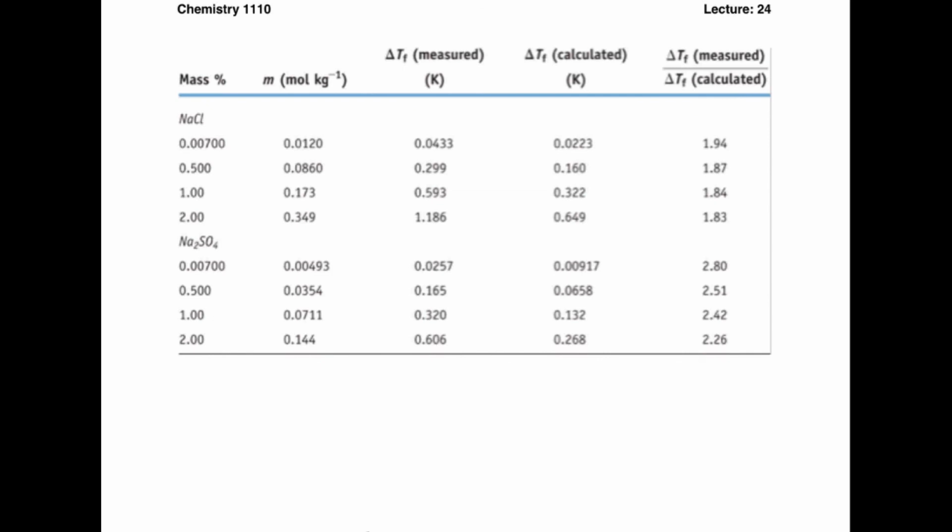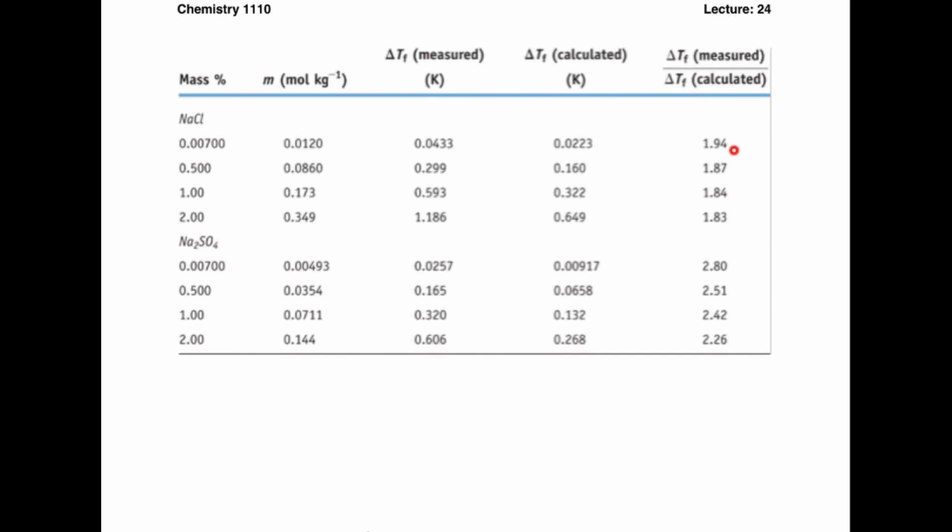And if they do, then that means that there isn't exactly twice as many particles in that system as we would have thought. There are approximately twice as many particles, but some of those ions throughout the solution are pairing up. And so that means that as we get more and more concentrated in NaCl, or any ionic species, the Van't Hoff factor deviates more and more significantly from its perfect value.